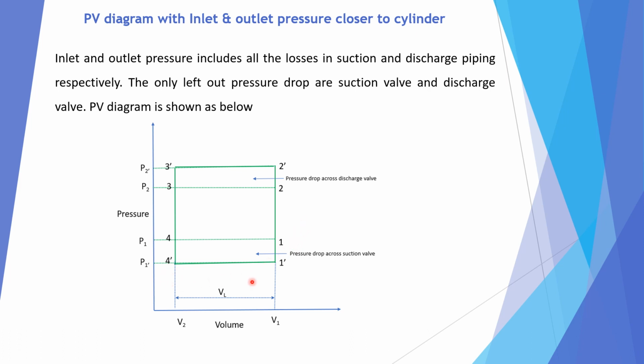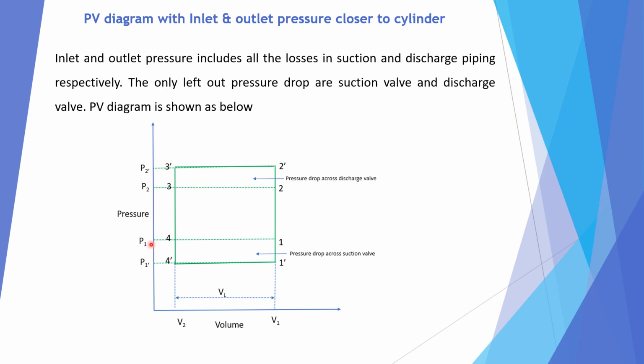So in the PV diagram, you can see the x-axis is volume and the y-axis is pressure, and P1 is the inlet pressure, which is closer to the cylinder and which takes care of all the losses including the required pressure. Similarly, P2 is the discharge side pressure which takes care of all the losses and required pressure.